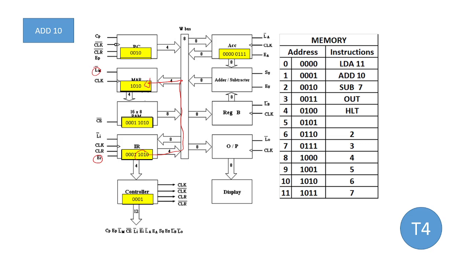And after that, the controller will understand that this is add, and now whenever we see a value here in MAR, it points out to the next instruction or data in the RAM.